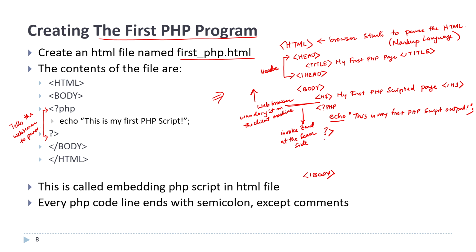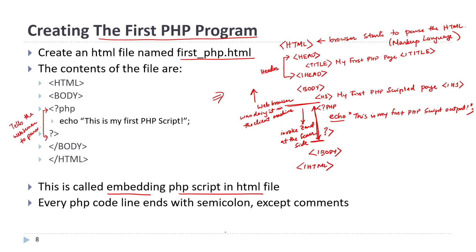Up to this much is where the server side parsing happens, and then we say close body, which means the body component of the HTML part is over, and close HTML, the entire HTML code is also over. This is an approach where you embed PHP script in the HTML file, by giving the PHP opening and closing tag.